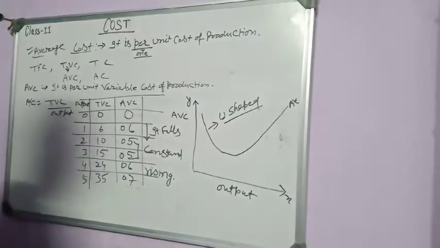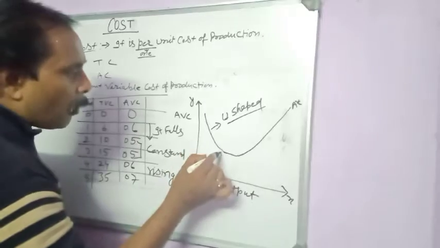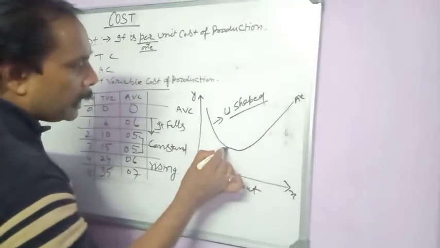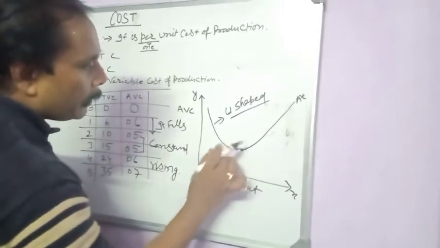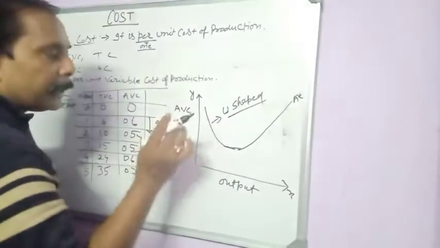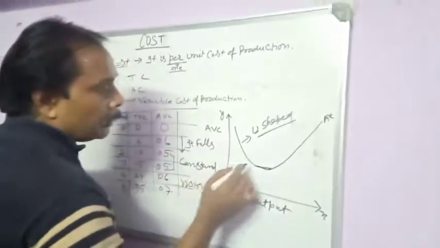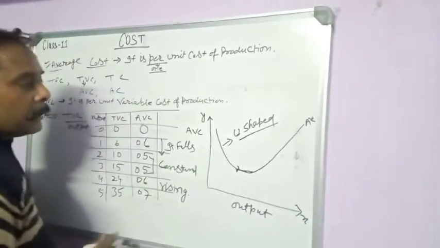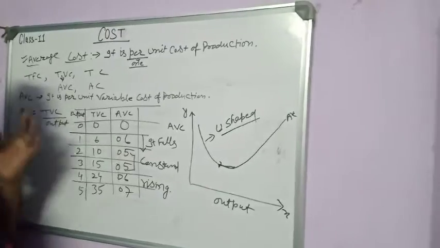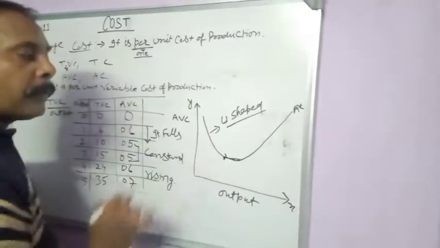Clear? Now, why does it start to fall up to this level? Up to this level, because the law of increasing returns applies, and that's why it is continuously falling.